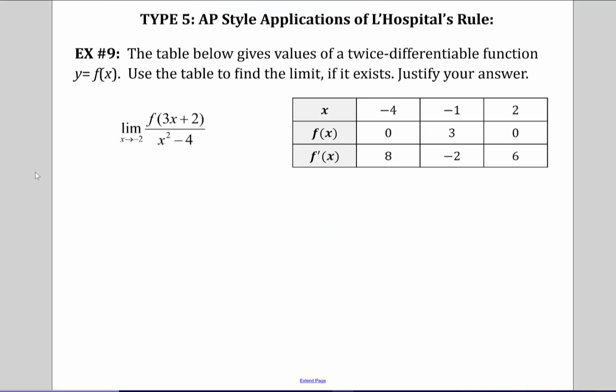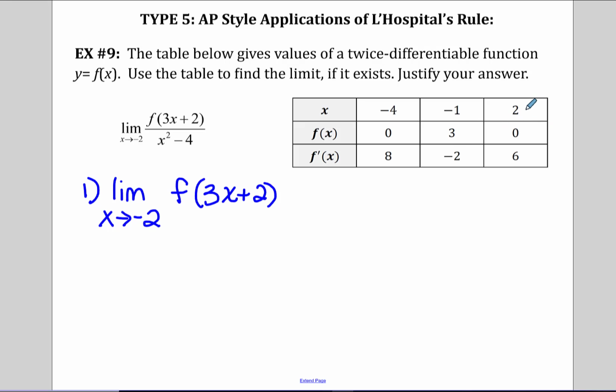Number 9. These are a lot of examples. Here's one that's an AP style with a table. So let's say the table shows you a twice differentiable function, and we're going to use the table to find this limit. So first we're going to think about the limit approaching -2 for f of 3x plus 2.